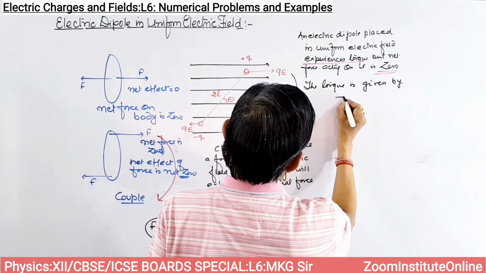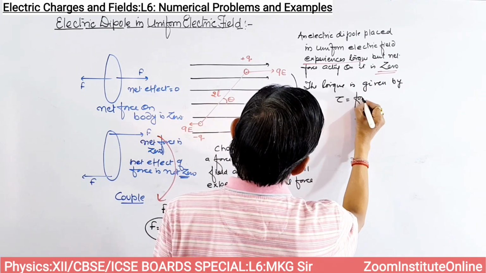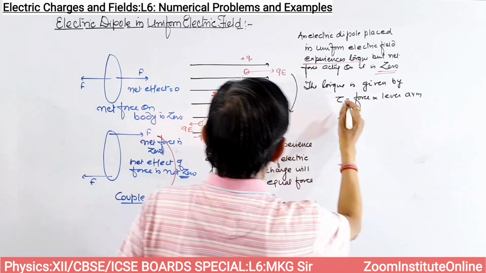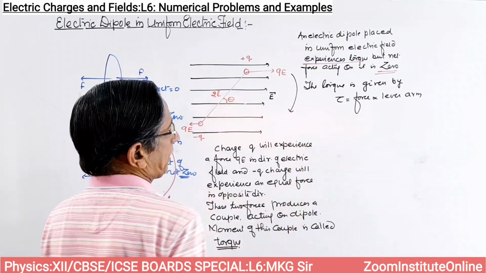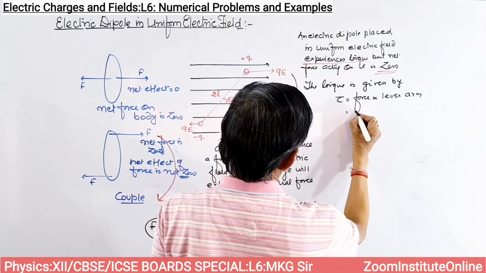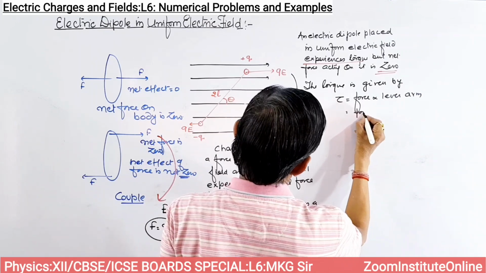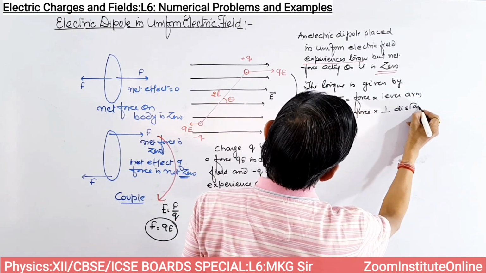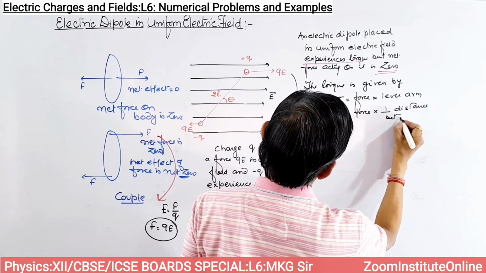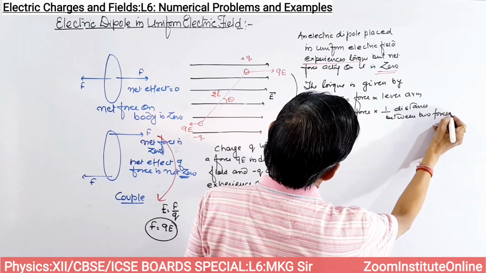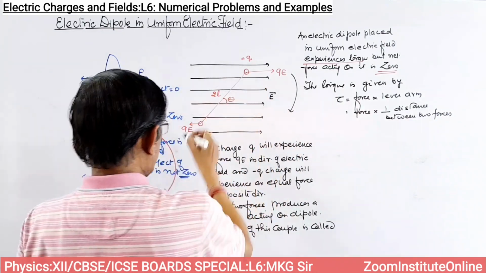students, tau is equal to force into lever arm. Torque is represented by letter tau. So, tau is equal to force into lever arm, which is force multiplied by perpendicular distance between two forces. One force is this, one force is this.